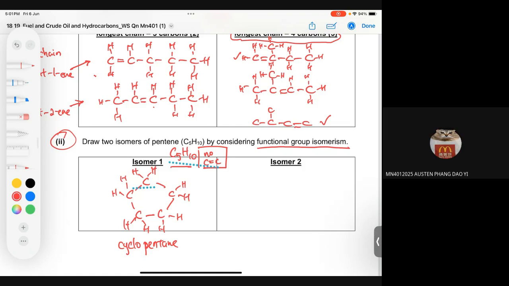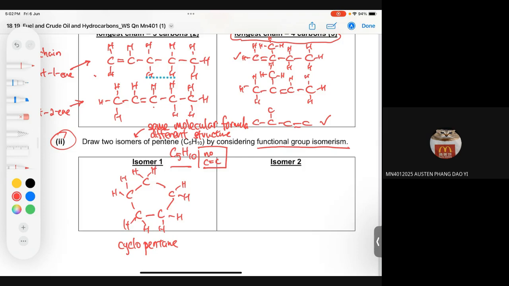Wait, why is it in a circle? Why can't it just be one line? If it's one line, then you cannot get C5H10. You'll be short of hydrogens. Just recap, for isomers you want the same molecular formula, that means the same number of carbons and the same number of hydrogens, but you want the structure to look different.